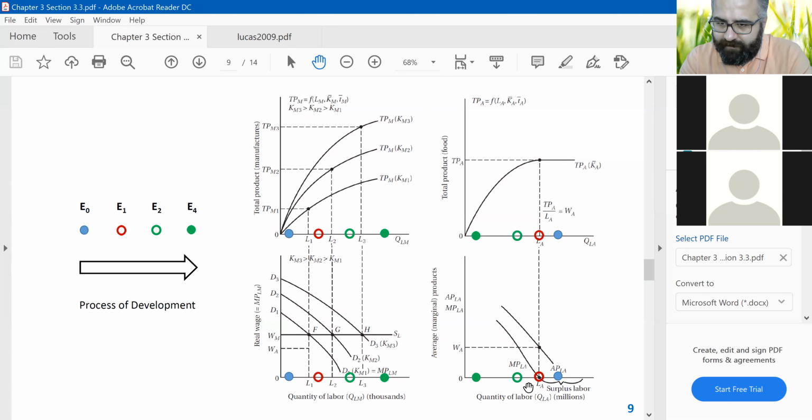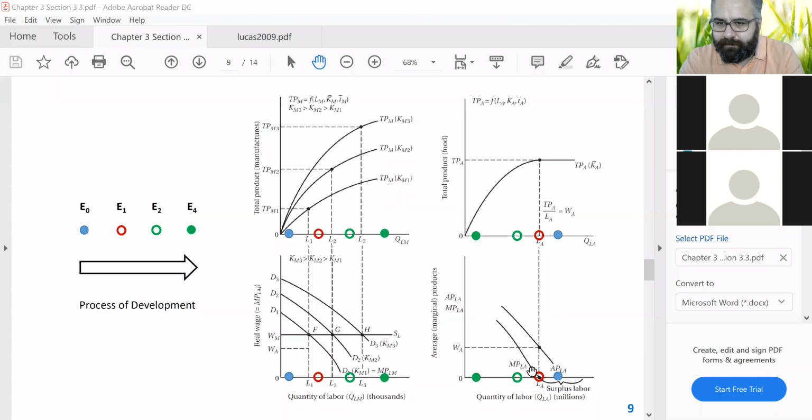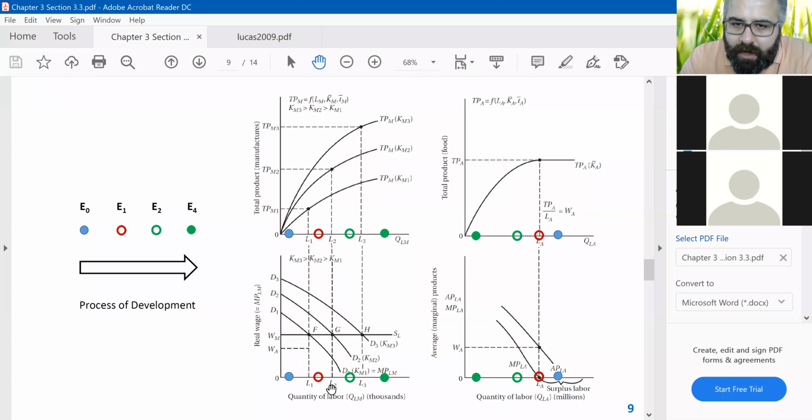If you go left on the horizontal axis in the agricultural sector, eventually it's going to be positive. So here, of course, the quantity of labor demanded in the manufacturing sector is larger, because there's a fixed amount of labor basically. We're going to rule out population growth and other things.